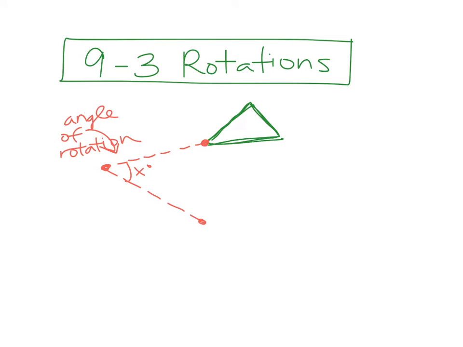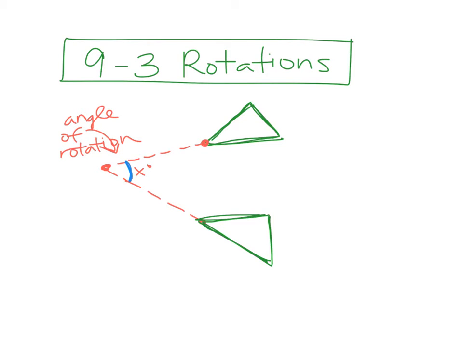Then you will take that figure and rotate it so it now looks something like that. When you do a rotation, every point that you rotate rotates the same number of degrees. So this angle right here would have to be the same. Let's say I connected these points now, that angle is also going to be X degrees.